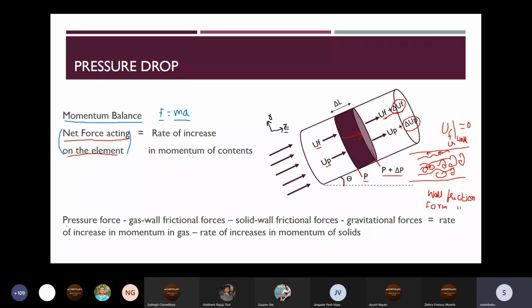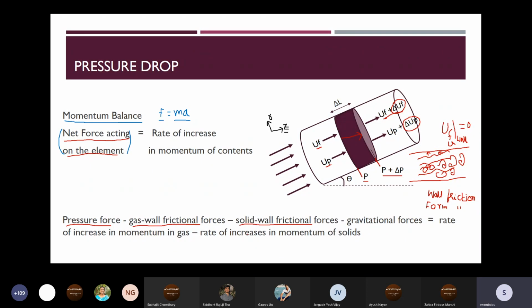So the net forces: the pressure force is acting in the forward direction. The force losses are due to the gas and wall frictional forces, that is, the interaction between the gas and the wall, and the solid and wall frictional losses.